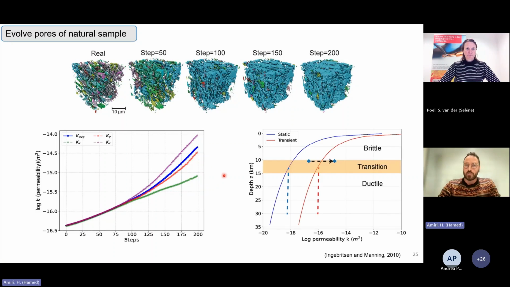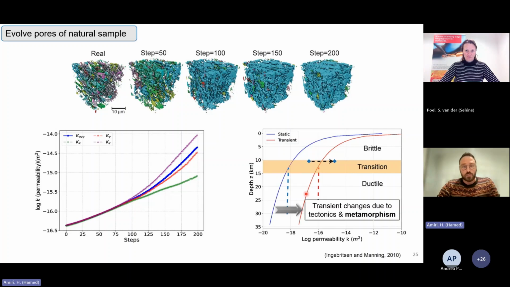But what we did was compare the results with previous studies. Here is the permeability versus depth. The blue curve is the average permeability over a large scale and over a long time. But there are several methods, like the hydrothermal and metamorphic models, and several experiments have shown that this curve can shift towards higher values because of tectonics or metamorphism, transiently.